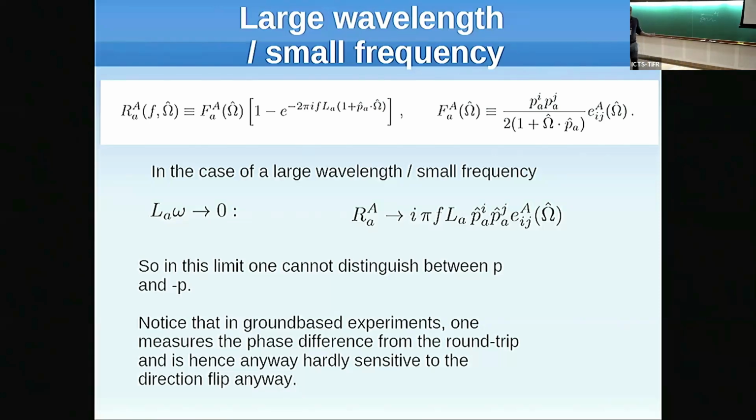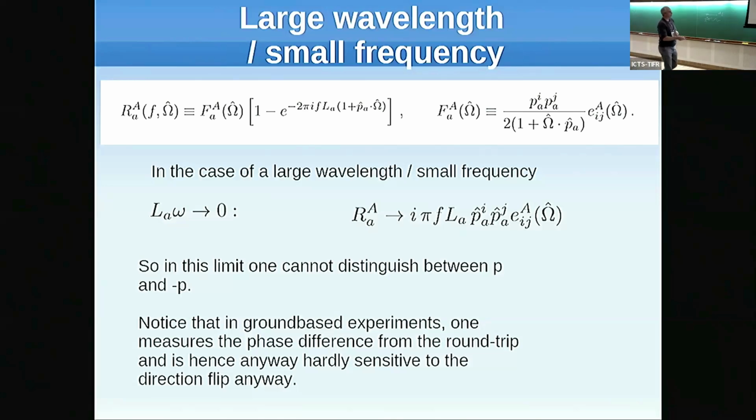So this is now the general expression, which always works in the large wavelength, small frequency limit. And it shows you that in this limit, the sign of p doesn't play any role. So you can flip the sign of p, right? Or you can flip also the sign of omega, and nothing will happen. Which means in this limit, the detector will not be sensitive to the direction of the gravitational wave.